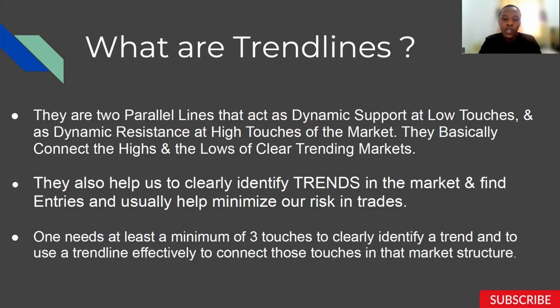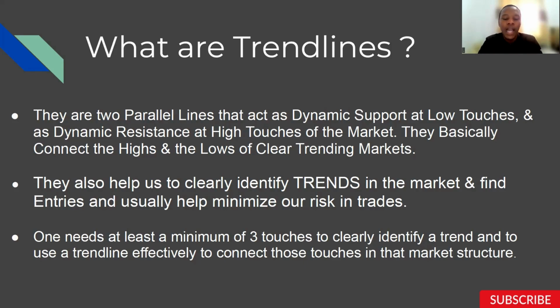Like I said, we use trend lines to identify trends, because as you can read the word trend lines, lines of the trends, to identify trends. One needs a minimum of 3 touches to clearly identify a trend and to use a trend line effectively to connect those touches in that market structure. So you don't need a lot of touches when it comes to trend lines, at least a minimum of 3 touches.